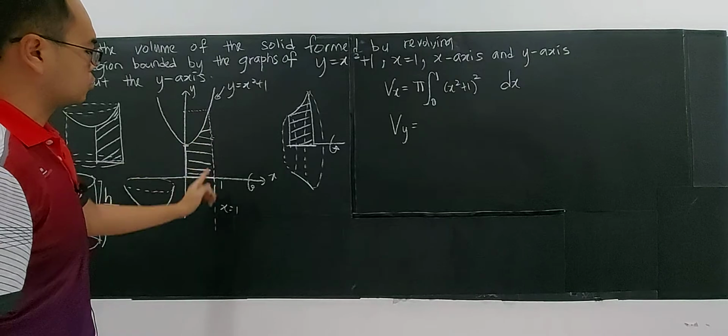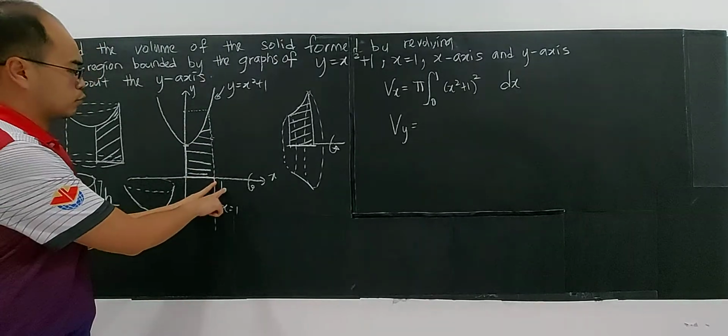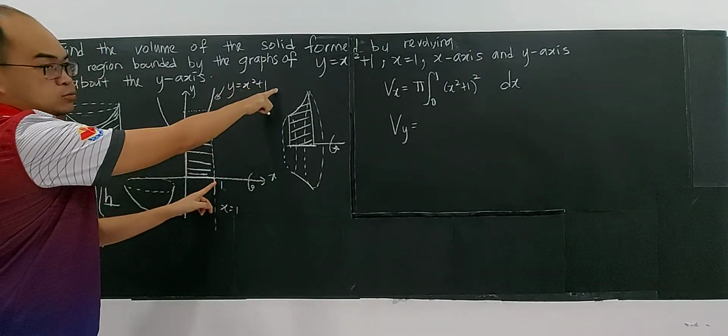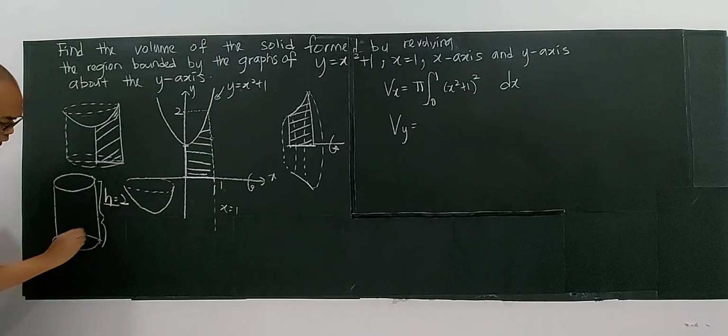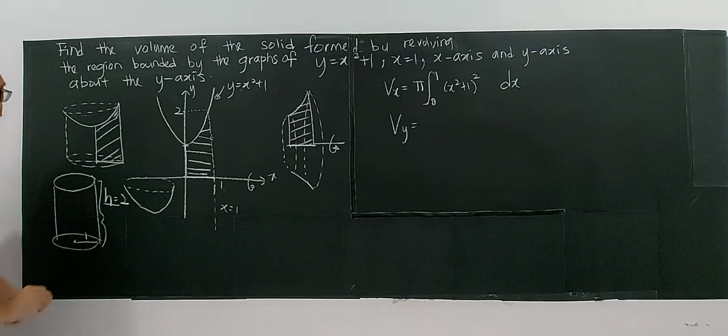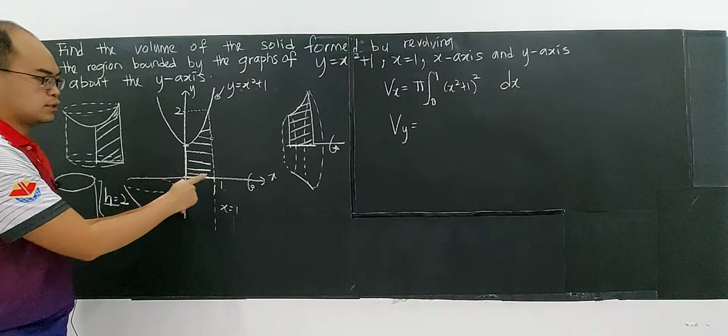For the height here, when you substitute 1, 1 squared plus 1, you have 2. So the height here is 2 and the radius here is 1. As you rotate, this is your radius.